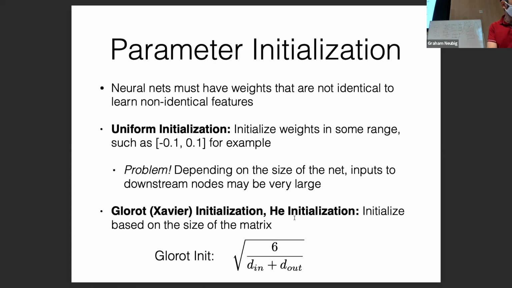A question on Zoom was, how does this scale in the case where you have a weight tensor with more than 2 dimensions? That's a really good question. It depends on your assumptions about the input. But if you make the same assumptions about the input as for Glorot here, it depends on whether you're multiplying in 2 inputs, or you have 1 input and 2 outputs.